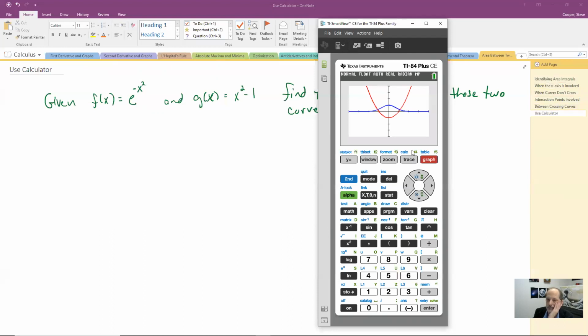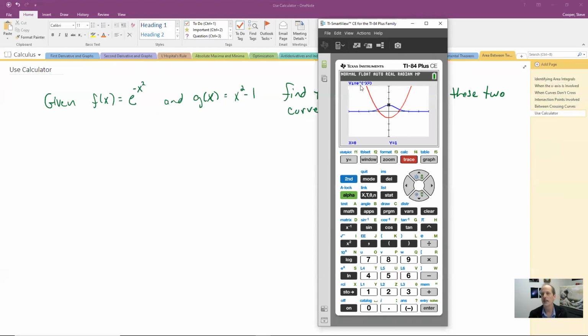Okay, in this case, we need the intersection points to know where our integral starts, and we can trace and see that on top is the y1.